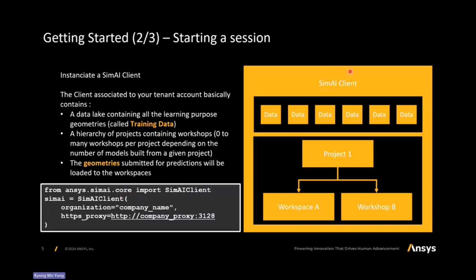So what happens here is that you have your SimAI client, and within your client you have a bunch of data which constitutes your data lake, from where you can extract or upload data for learning.